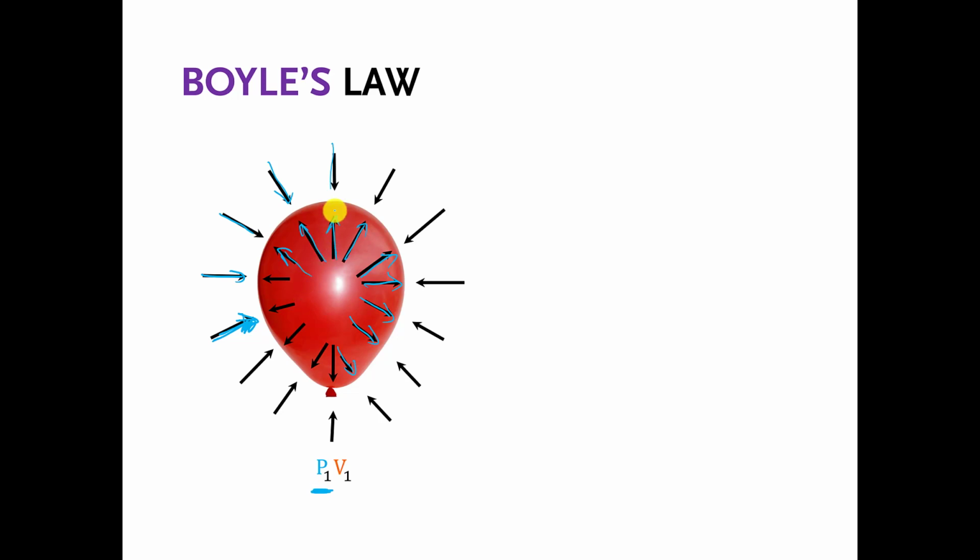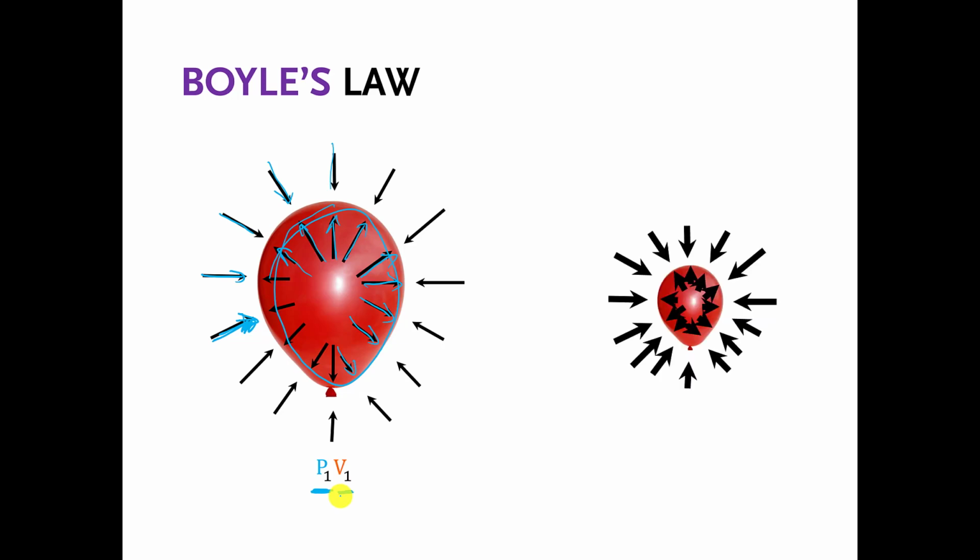And the volume of the balloon, basically how big this balloon is at the beginning, I'm going to call V1, for the volume at the beginning. And what Boyle's law says is if I make the pressure, let's say, get twice as big, so you can see the arrows are thicker, then the volume is going to get twice as small. And there are 2's next to these P's and V's because P2 means the pressure at the end of my experiment and V2 means the volume at the end of my experiment.